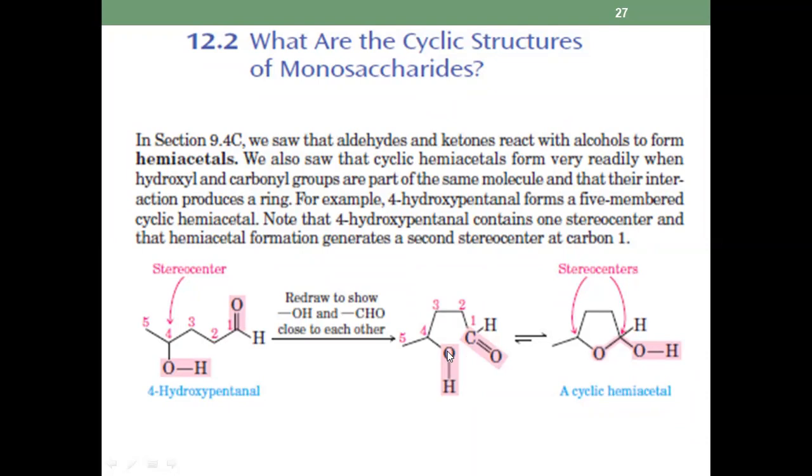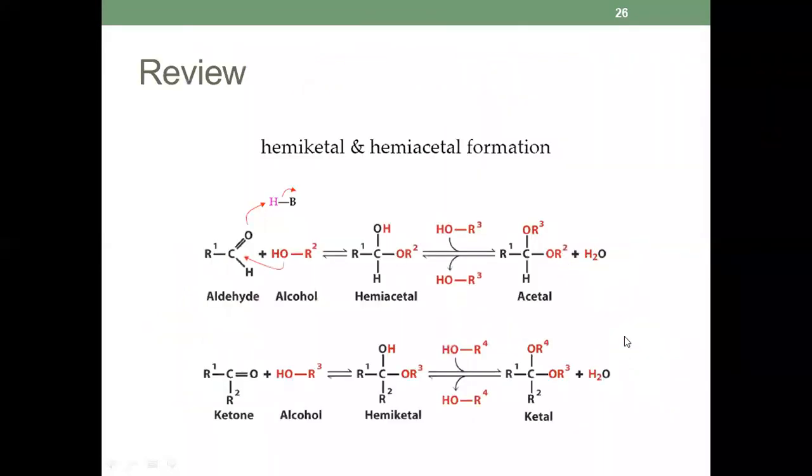So your O can actually attack the partially positive carbon here, carbon number 1. And the oxygen here will use this bond to bond with hydrogen to get your OH here. Okay, and then this one is removed, you get your OR, and you have your OH.